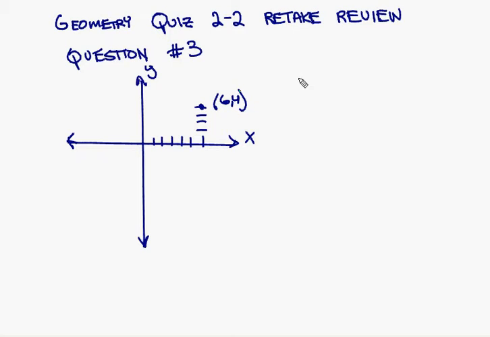Let's say we had another point on our coordinate, and let's go down here. So if we go to this point here, we're at -2, -6. All right.